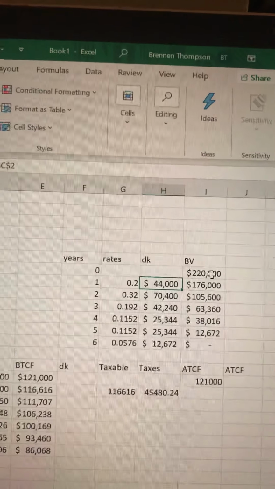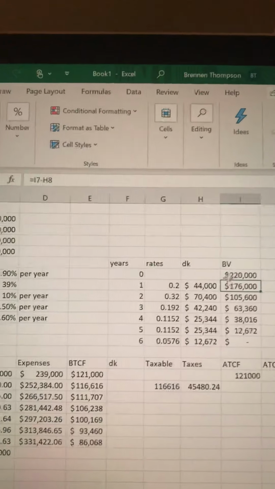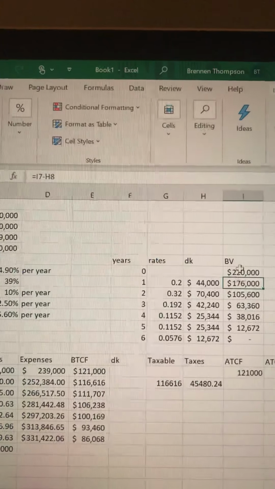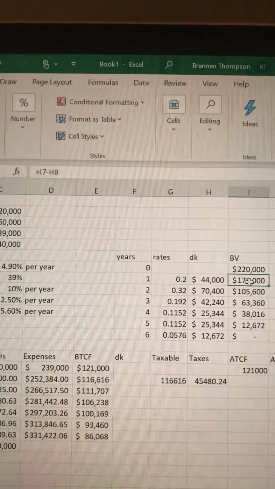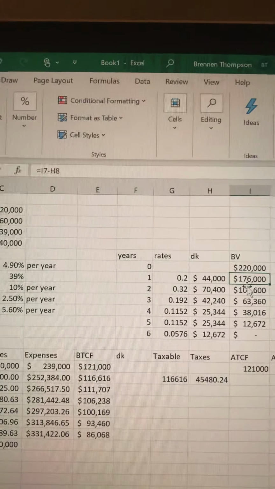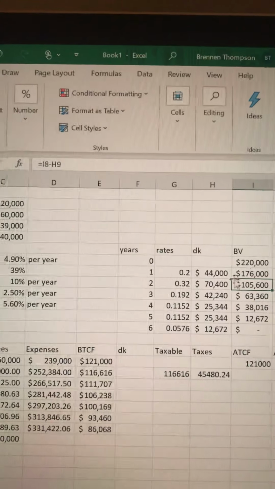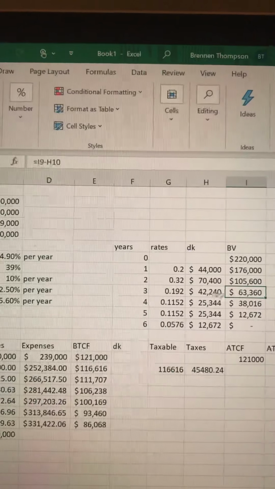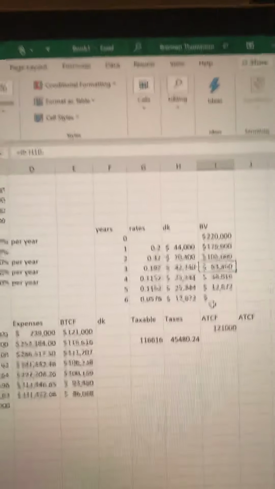And then for this value for the year 1, you're going to take the book value and subtract it by the following year. So this minus this, and then so on. This minus that. This value minus this value, and it just goes on.